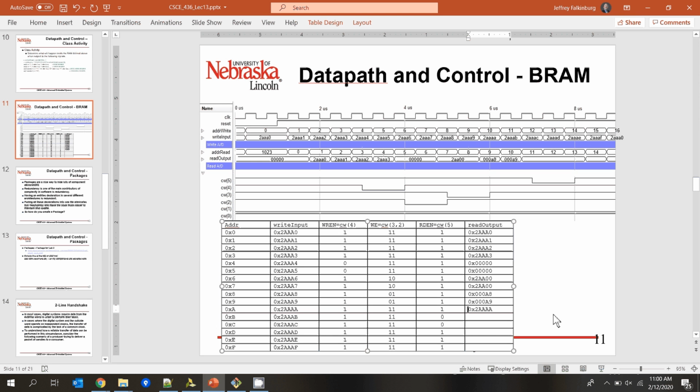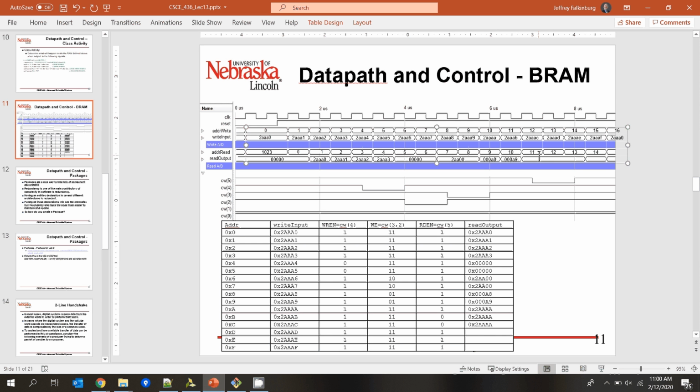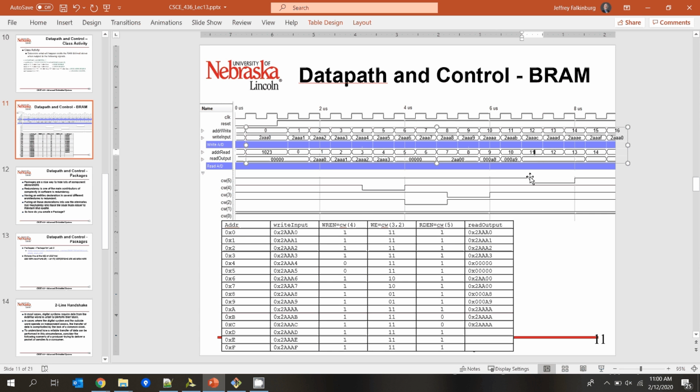So we're going to have the 0x2AAA on both of those next clock cycles. Since we're not reading a new value, whatever's on the line will stay on the line for those 3 clock cycles, and we can update our waveform to reflect that, 2AAA. So we got that value.